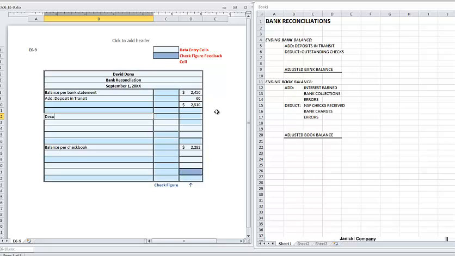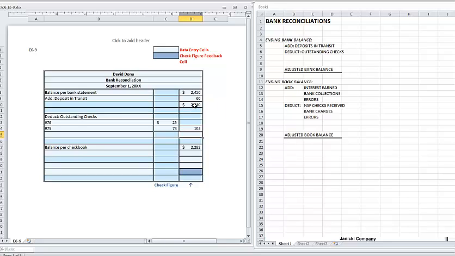So the next thing I want to do is deduct outstanding checks. And we had two. The first one was number 76 and it was for $25. And the second one was number 79 and it was for $78. So that's a total of 103.